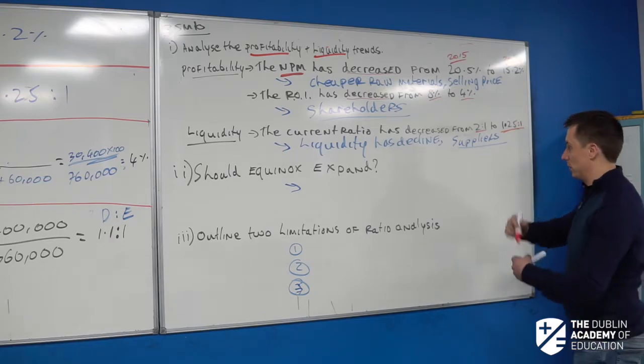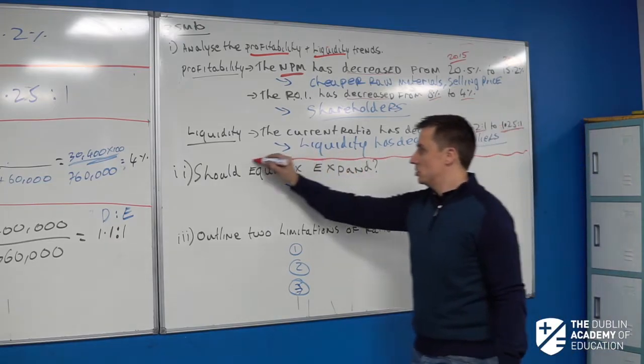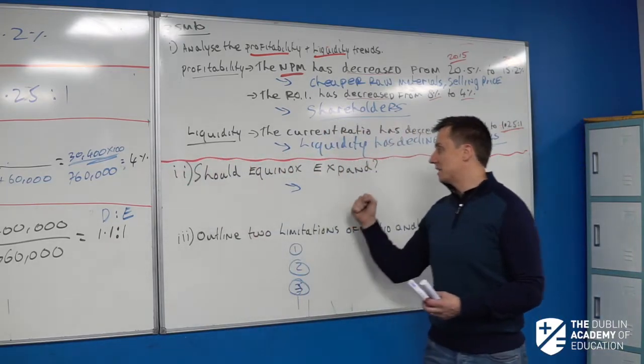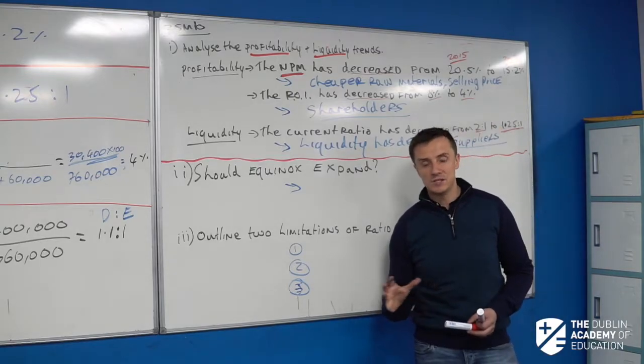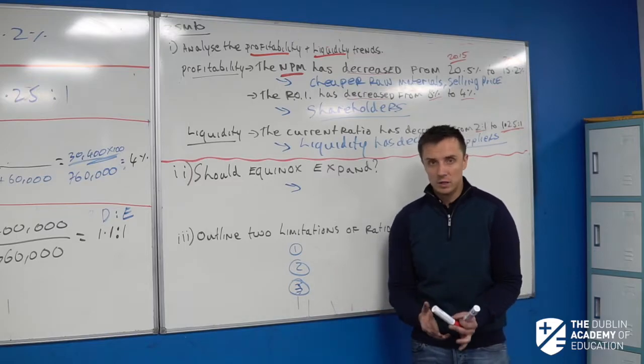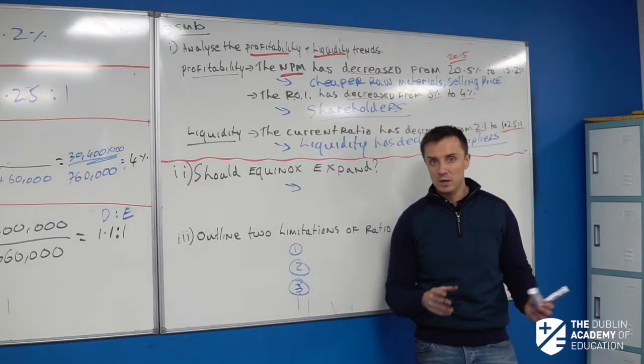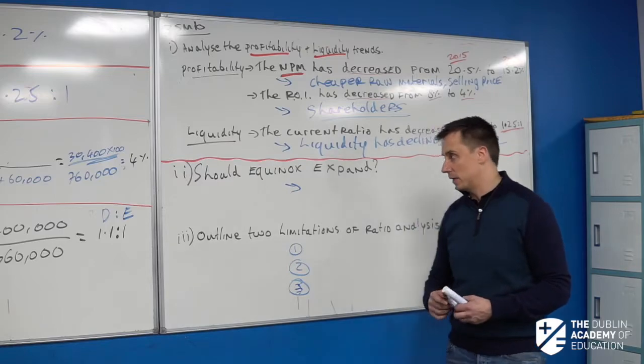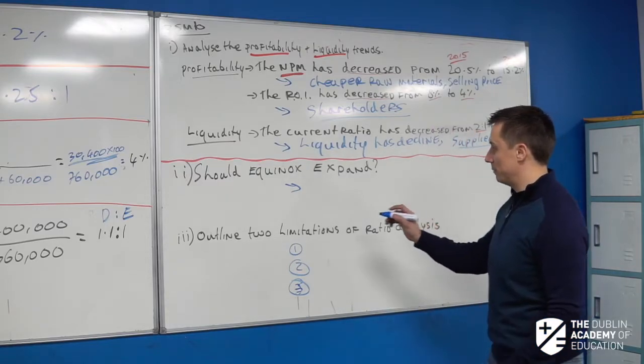Next question then, if you're looking at part 2 of the question, should Equinox Limited expand? This is where they tested you guys on the gearing, because they know that if you're ever looking at expansion, it always boils down to your gearing. So you want to see what their debt is compared to their equity. The argument you should make, should Equinox Limited expand?